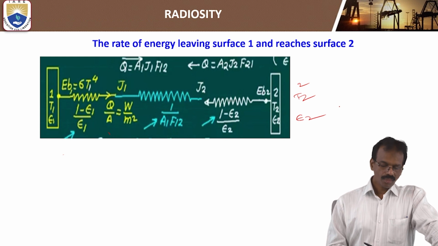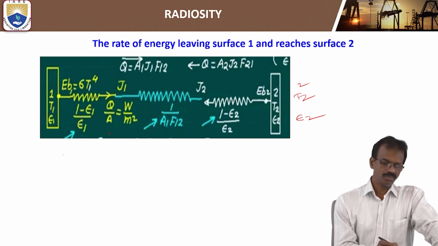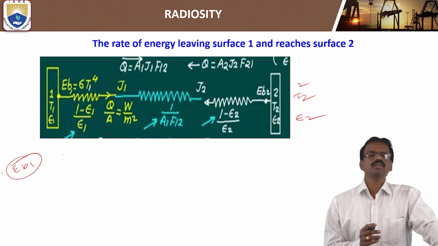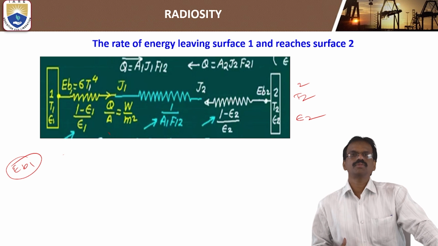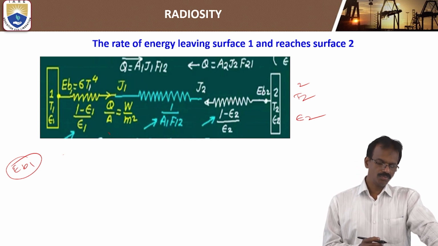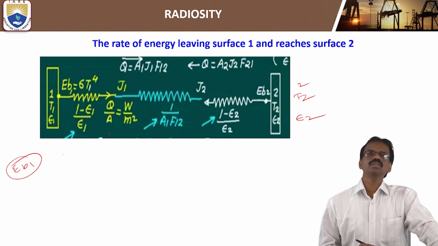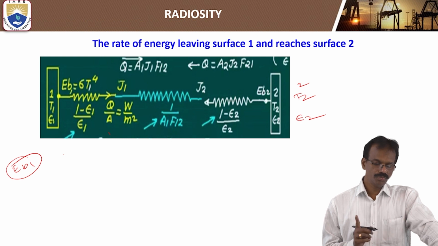First of all, we'll see the energy emitting from the surface. EB1, the emitting energy, we can find by the help of Stefan-Boltzmann. You know that formula: EB1 is equal to sigma into T1 to the power of 4.